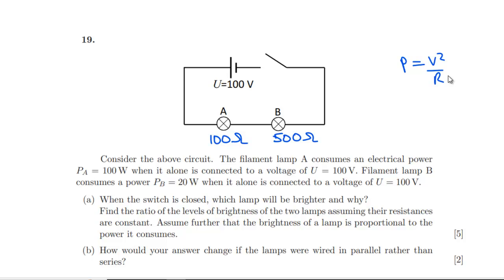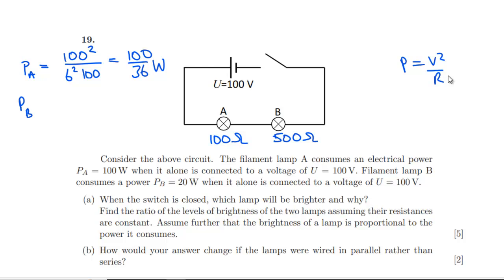Right, so in this case, for the power through A, A is going to get 1/6 of the voltage because PD divides in proportion to the resistance. So for our V squared over R, we're going to have 100 squared over 6 squared as our voltage, and then R is 100. So that gives us 100 over 36 watts.